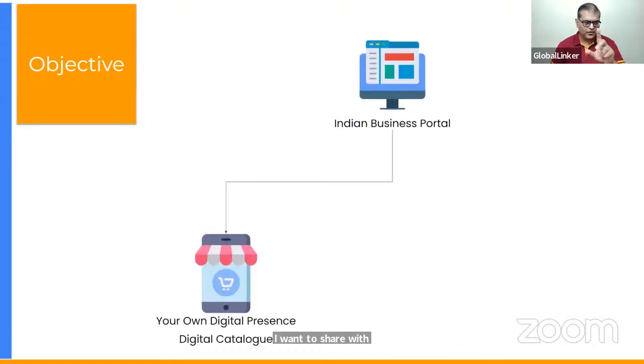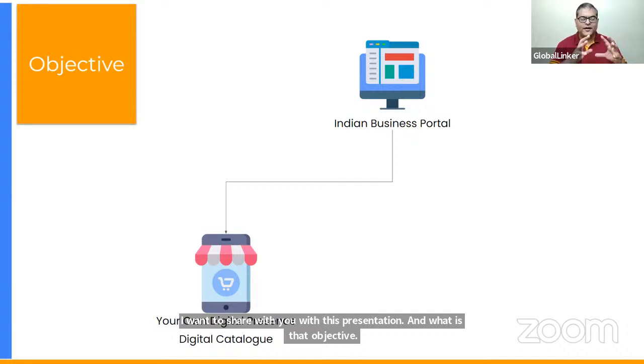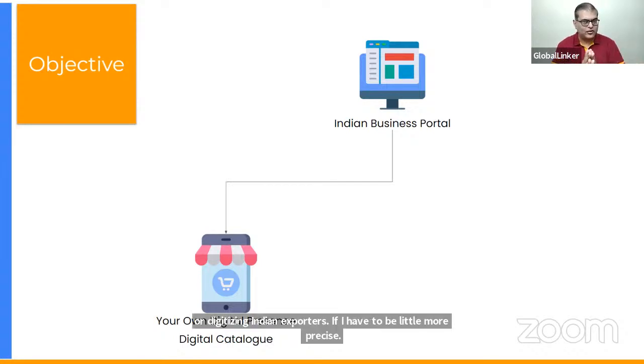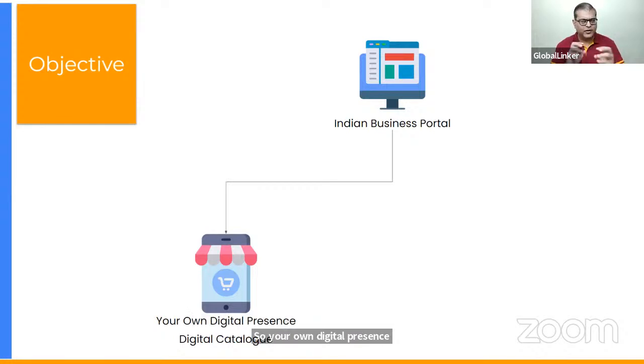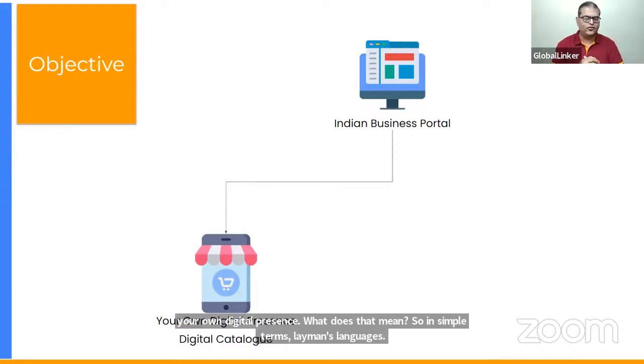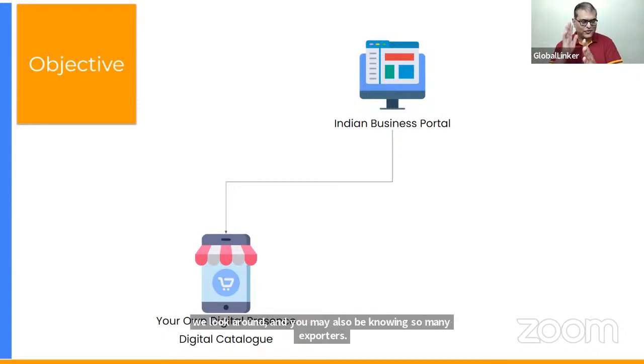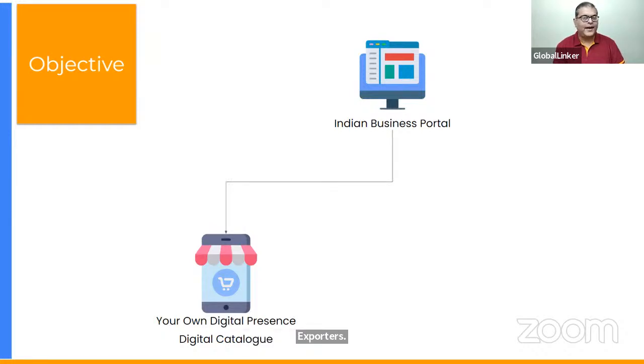So Indian Business Portal, and this is the first objective, digitizing businesses, or digitizing Indian exporters, if I have to be a little more precise. So your own digital presence. What does that mean? In simple, layman's language, if we look around, and you may also know so many exporters, not talking about businesses, just exporters who do export, and they don't have any digital presence.